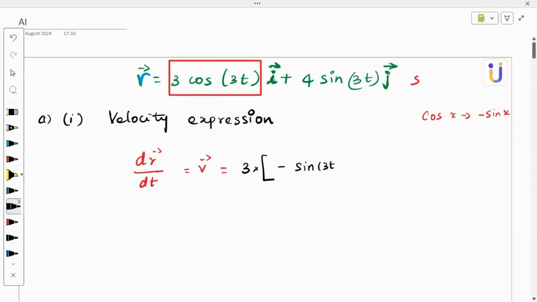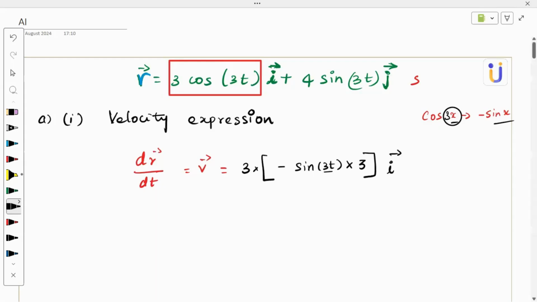Then the chain rule says, if it's 3t, you differentiate the input, which is 3, and multiply. That's what the chain rule states.